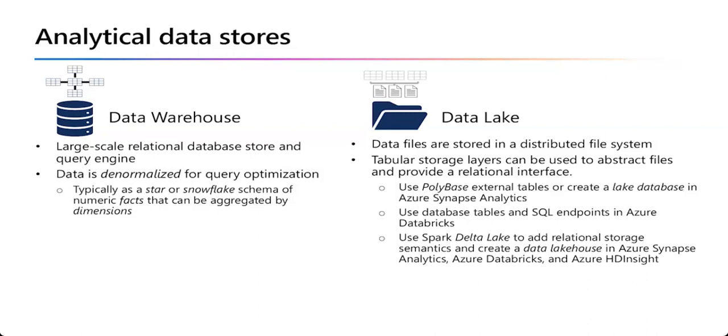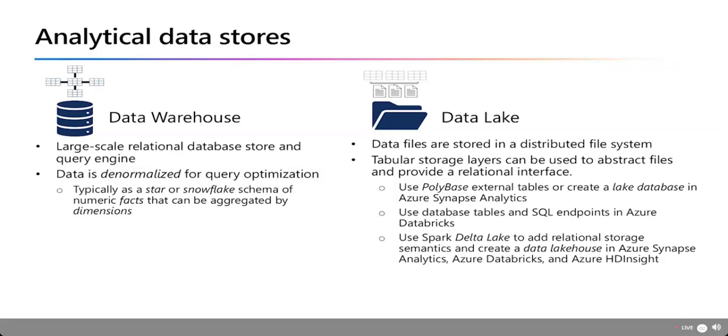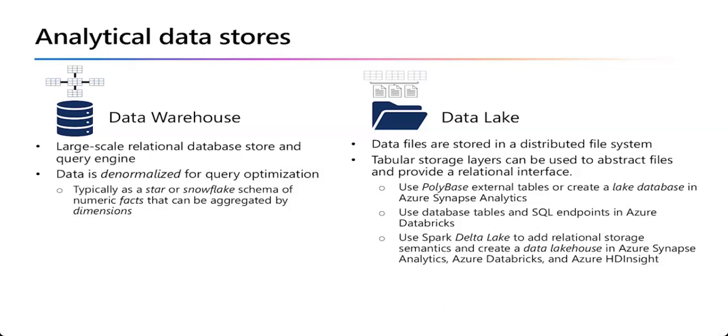Commonly, the data from a transactional store is denormalized into a schema in which numeric values are stored in a central fact table, which is then related to one or more dimension tables that represent entities by which the data can be aggregated. For example, a fact table might contain sales order data, which can be aggregated by customer, product, store, and time dimensions, enabling you to easily find monthly total sales revenue by product for each store.